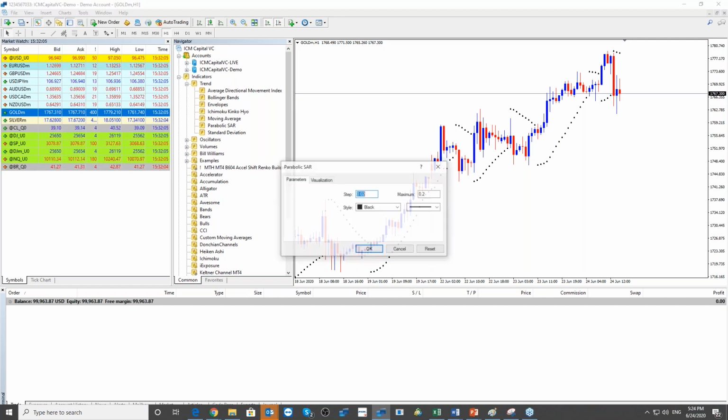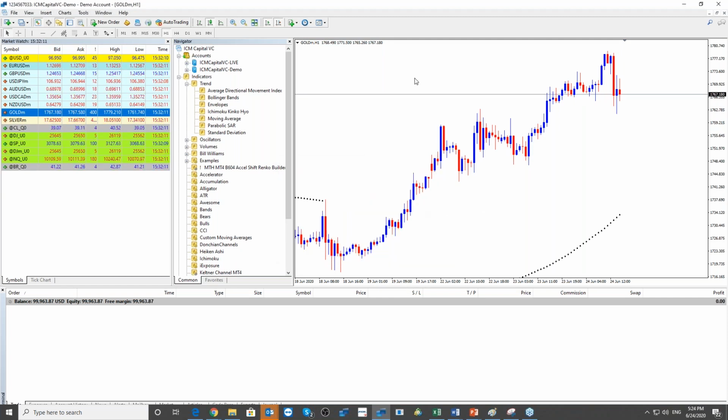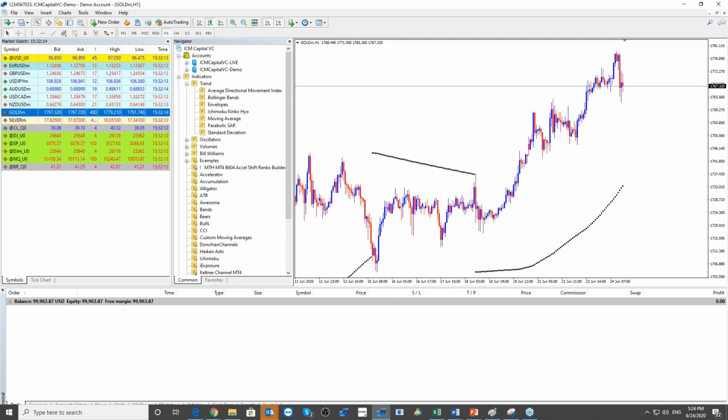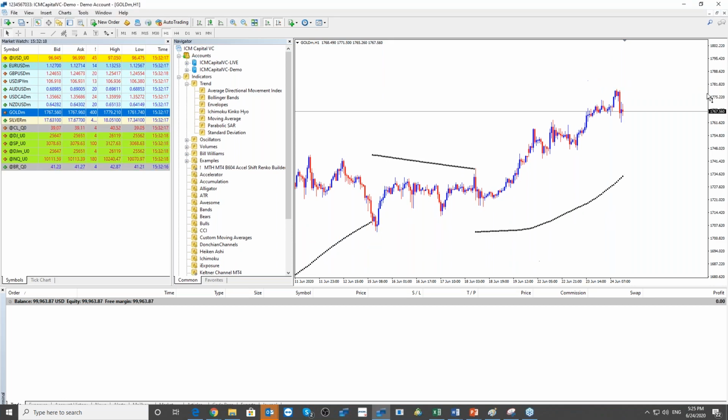Some people do use different steps so they can have very distant SAR dots from the market to catch the extremes. It's a different concept, but usually what the SAR is used for is to assess the breakouts.